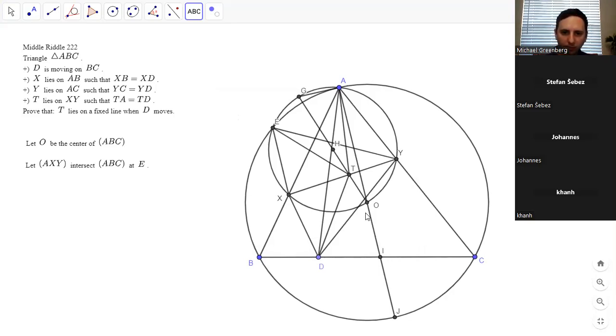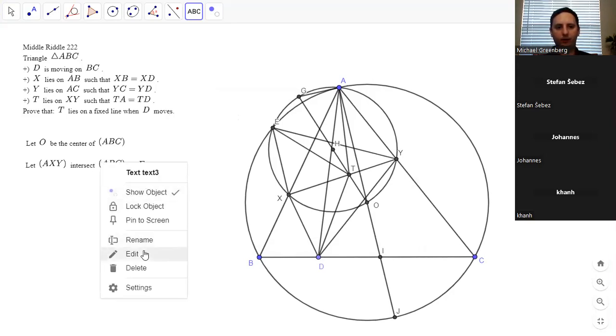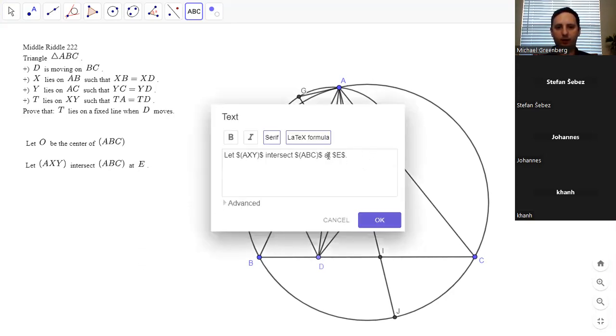No, you take E as the reflection. It is easier that way. Let E be the reflection of D over XY.